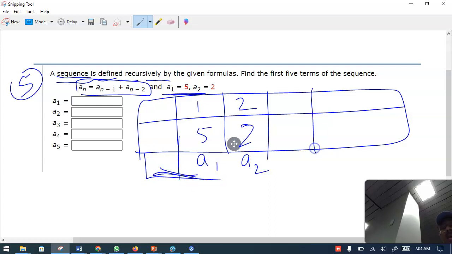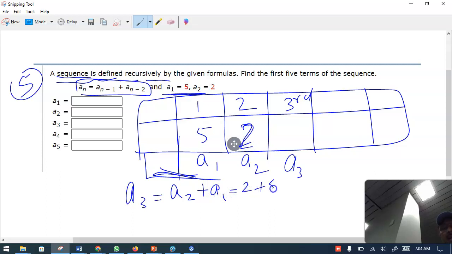And then the third one, how do you create the third one, A3? All you do is you're adding the previous A2 plus A1, the previous ones. That means you're adding the 2, A2 is 2, and then A1 is 5, so this becomes 7.